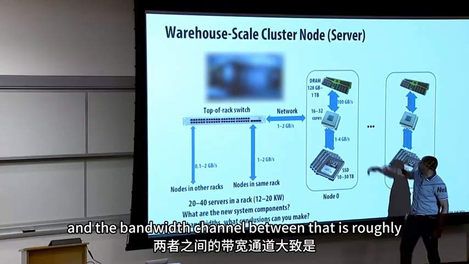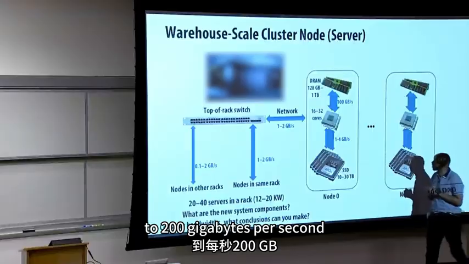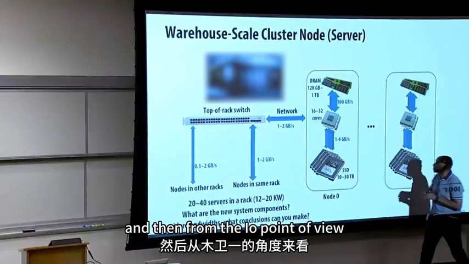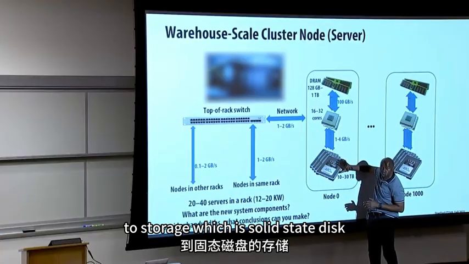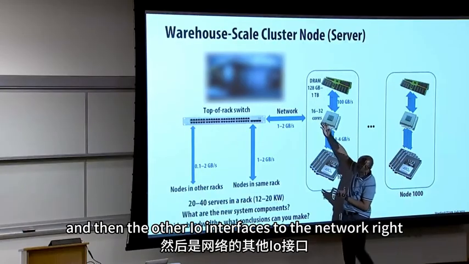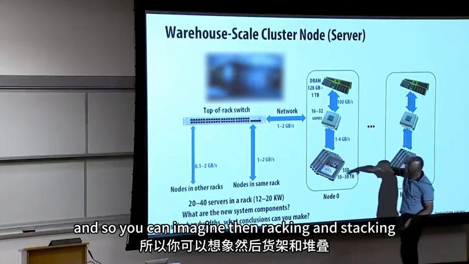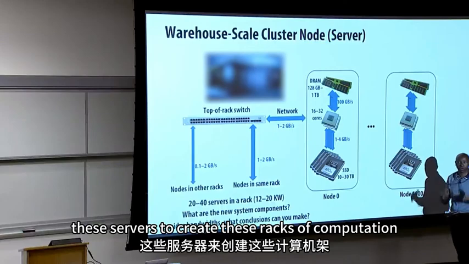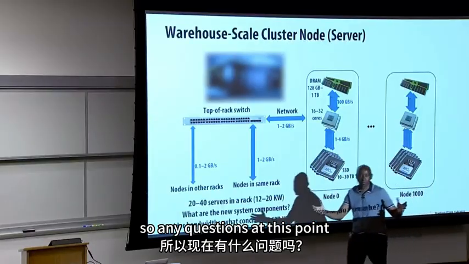The bandwidth channel between there is roughly 100 to 200 gigabytes per second. From the I/O point of view, you've got I/O to storage, which is solid state disk, giving you 10 to 30 terabytes of storage. The other I/O interface is to the network. So you can imagine racking and stacking these servers to create these racks of computation. Any questions at this point?